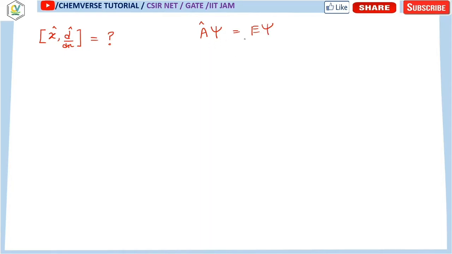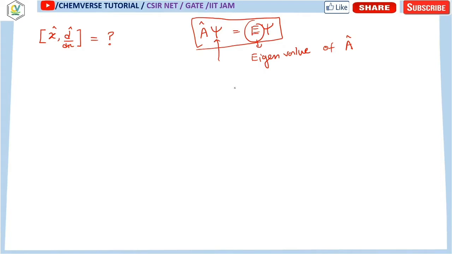Then I can say that this E is nothing but the eigenvalue of operator A. So if this kind of expression is obtained, then we can say that this function is the eigenfunction of the operator A, and operator A has the eigenvalue E with respect to the eigenfunction psi.